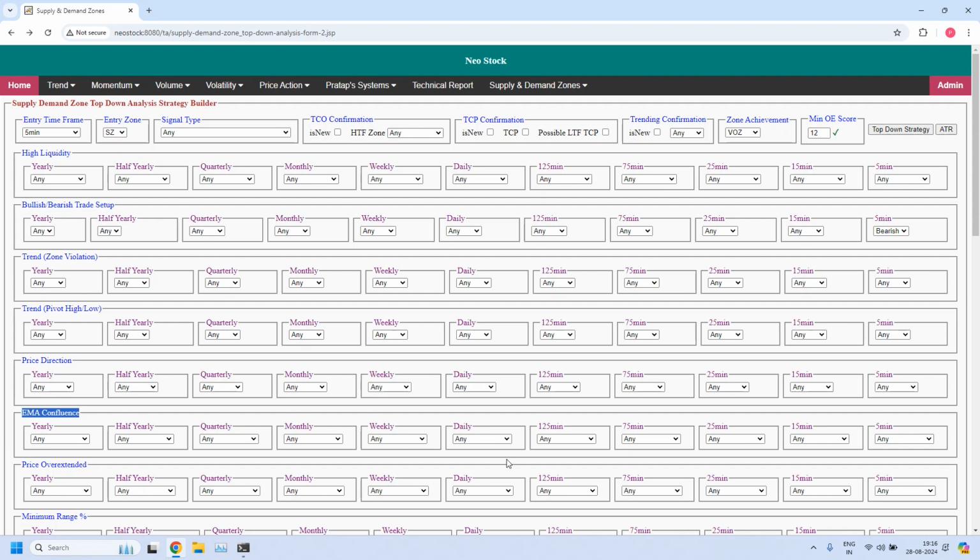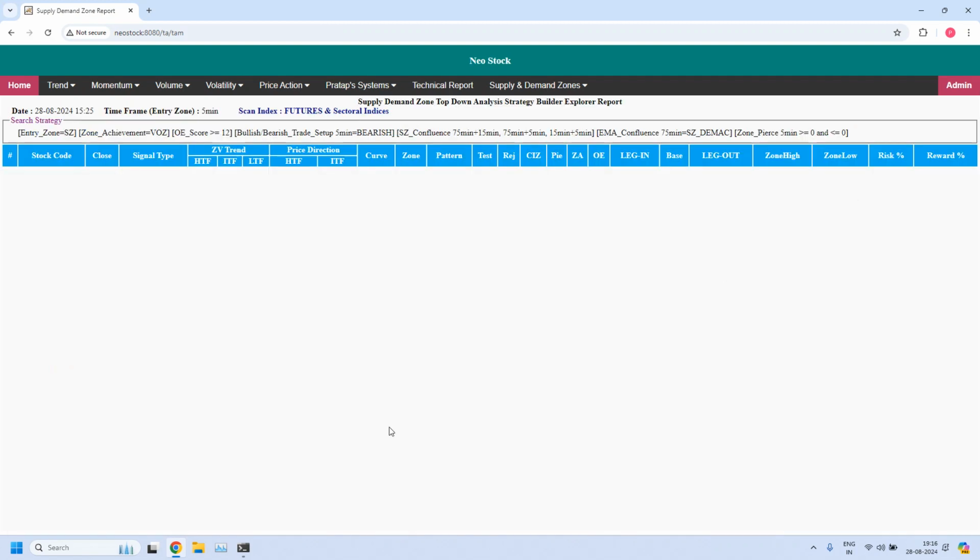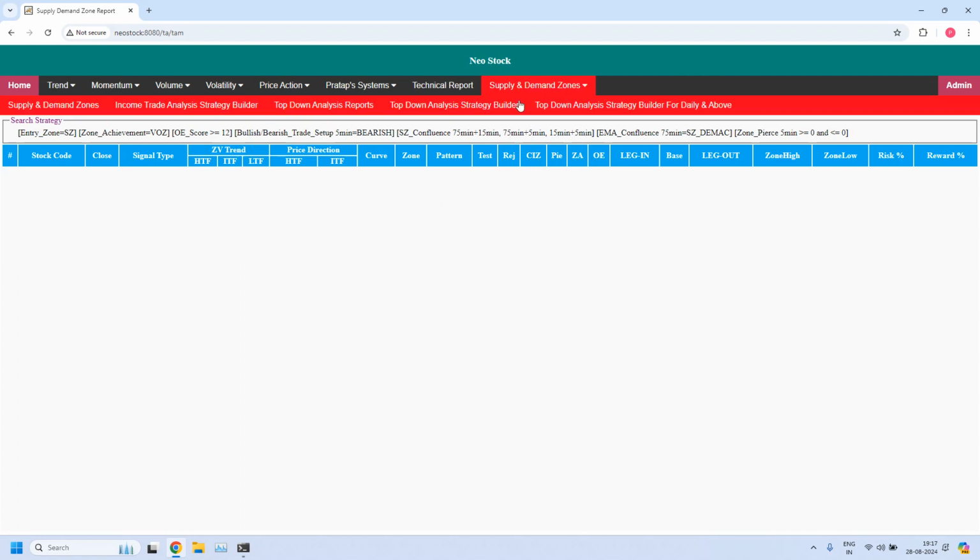Mostly it is having even 75. In EMA confluence in 75 minutes time frame, we have 75 minutes supply zone with daily EMA confluence. It's not there. Surprise. If 5-minute zone is having confluence, okay. So EMA confluence is not showing.